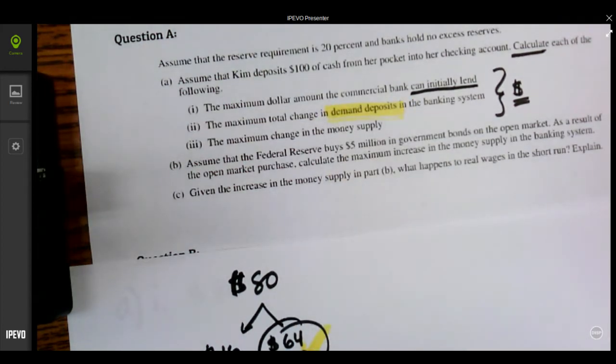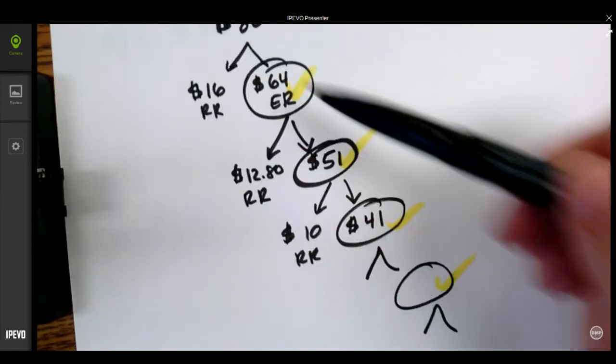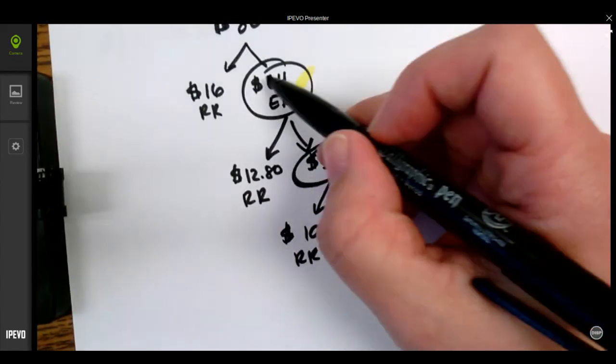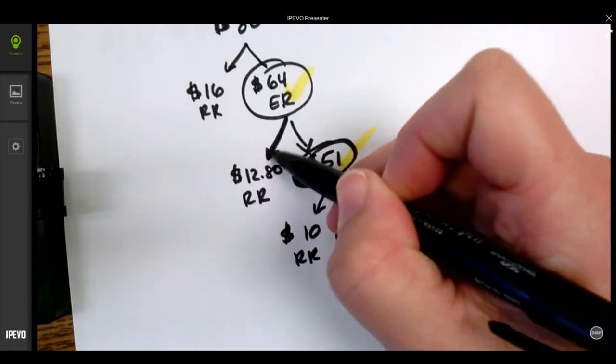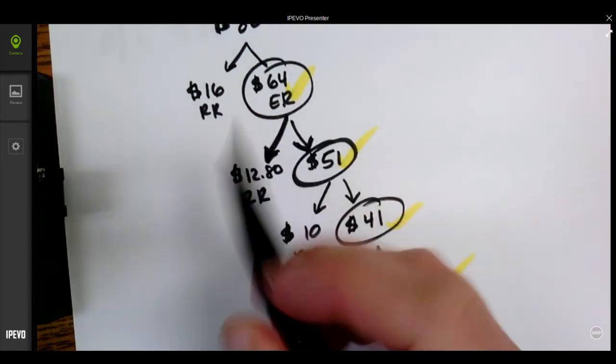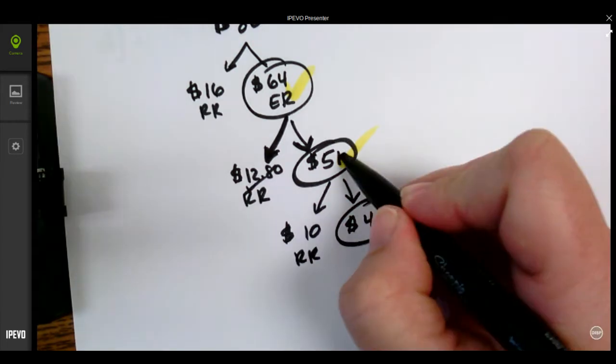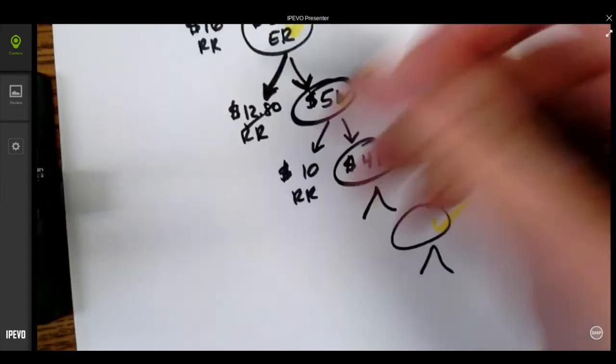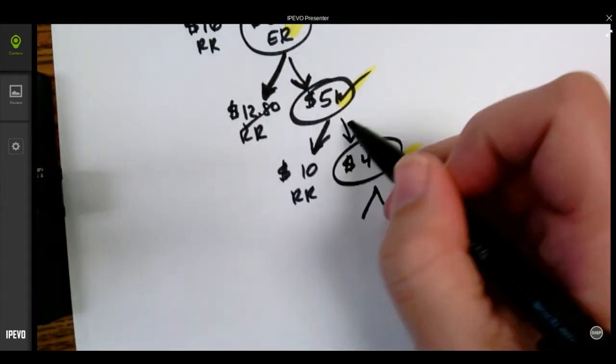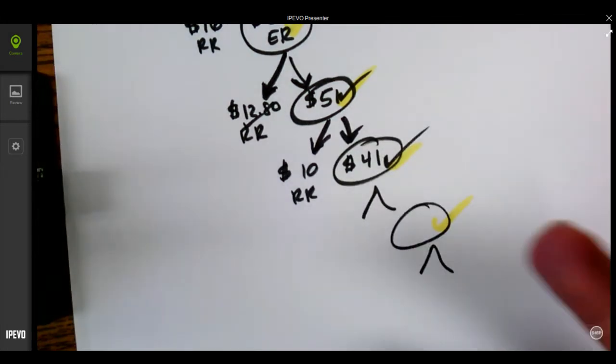It's savings accounts, it's money market accounts, all those different types of savings options that people have in banks. Remember, the money multiplier is the theory that when money gets loaned out, it gets spent again and redeposited, and then the bank has to keep the required reserves and loan out the excess. It gets redeposited, they keep the required, they loan out the excess, and so on and so forth.